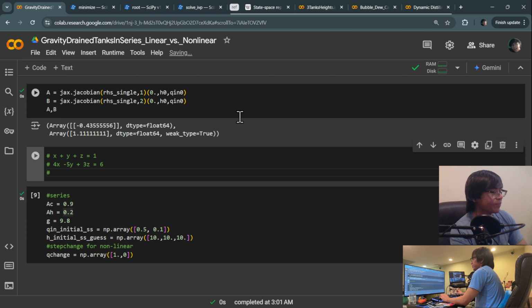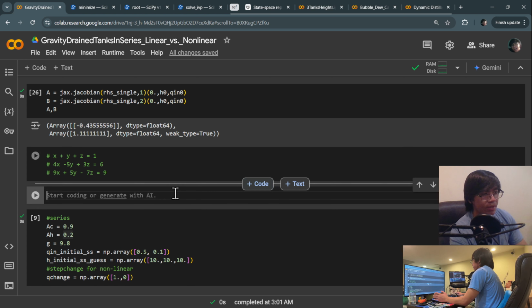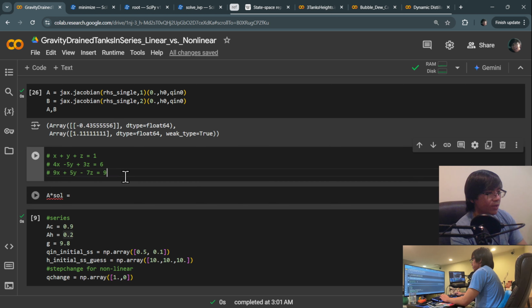And then 9x plus 5y minus 7z equal to 9, sure. And the way we represent that with matrices is something like we have our A matrix times a solution, and then that is equal to our outputs on this other side, so maybe a B matrix.